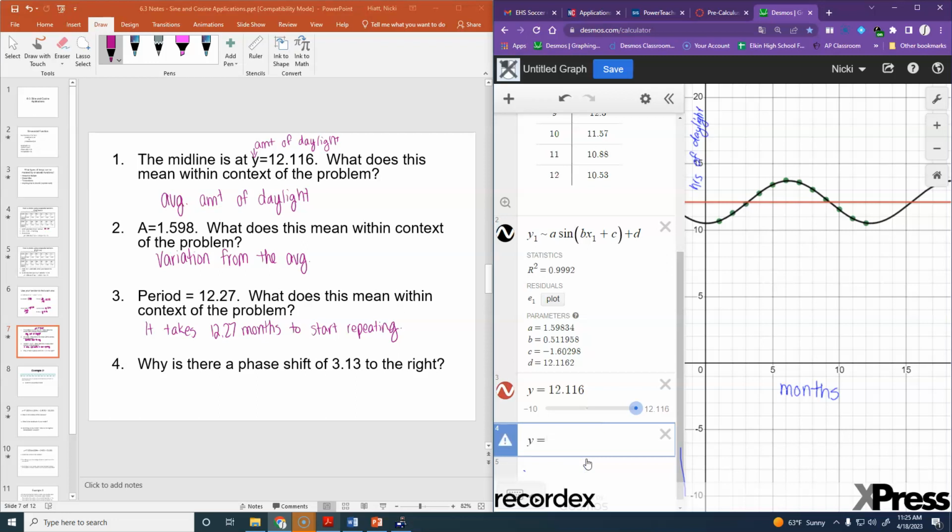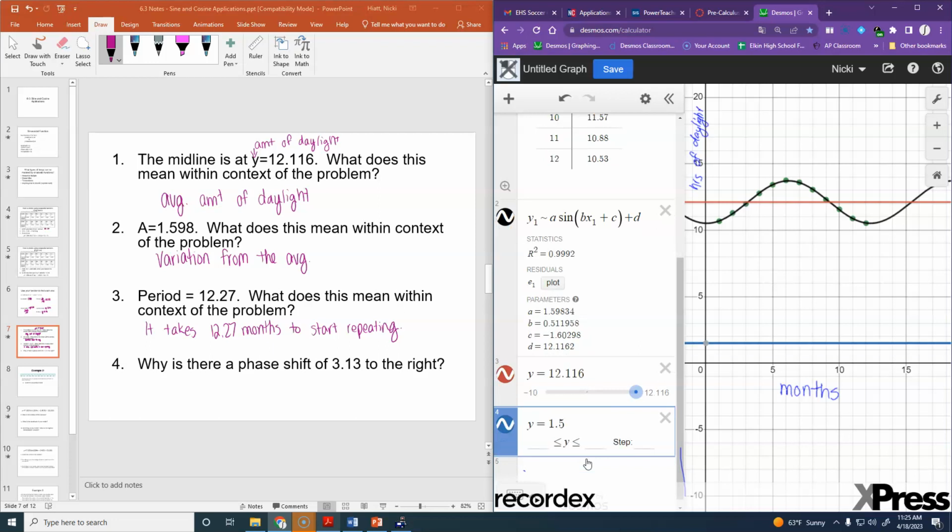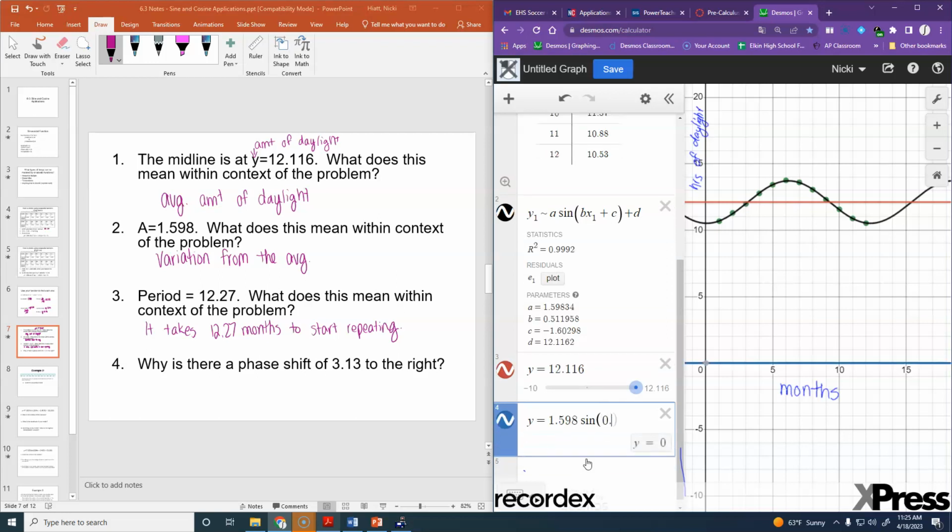So if we just had y equals 1.598 sine of 0.512, I'm not going to put the phase shift, plus 12.116. All right, so, oh, I don't have an x.